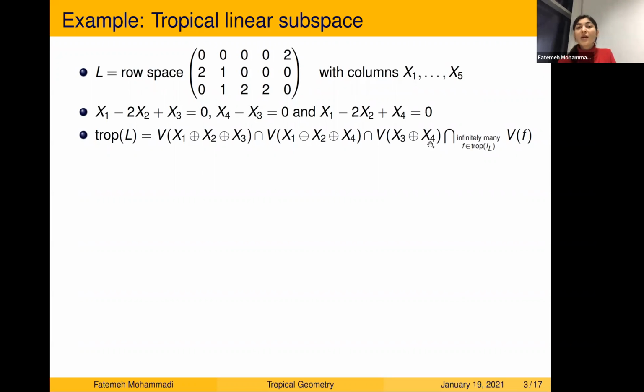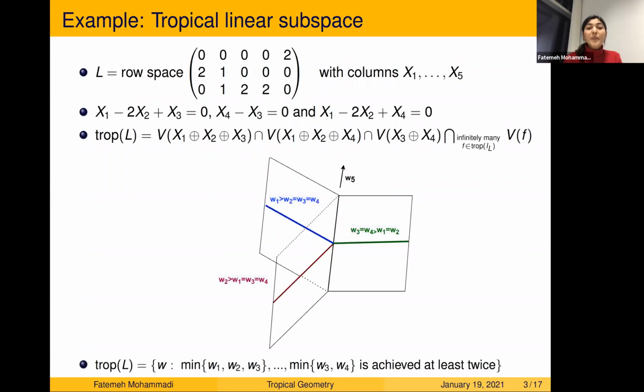And then here I have 3 terms, so I could have W1 equal to W2, or W1 equal to W3, or W2 equal to W3. Then I look at all these linear inequalities. My tropicalization would be the set of all those points such that the minimum of these 3 tropical polynomials, when I evaluate it at W, is achieved at least twice. And it turns out that in this example I don't need to take these infinitely many polynomials, and these 3 are enough to generate my variety.